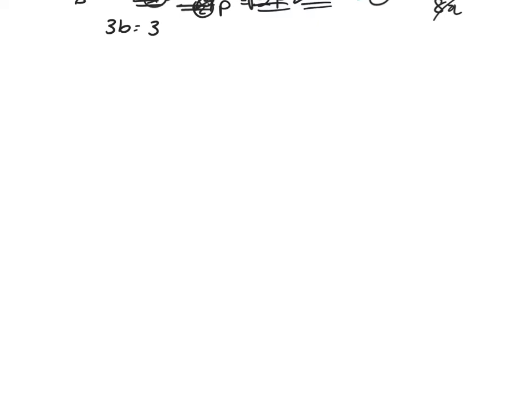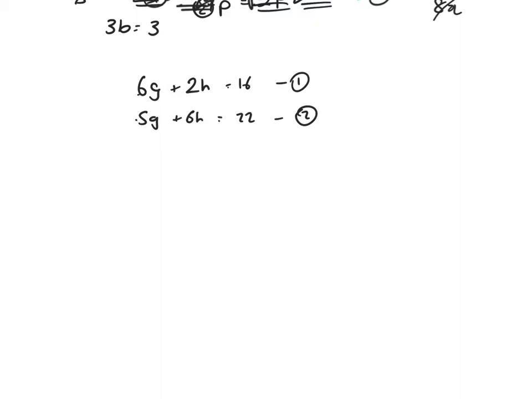Okay, let's try another one, similar again. 6g plus 2h is equal to 16, equation 1. And 5g plus 6h equals 22, equation 2. Okay, so it would be kind of difficult to get that 5g up to a 6g without multiplying by a decimal number.